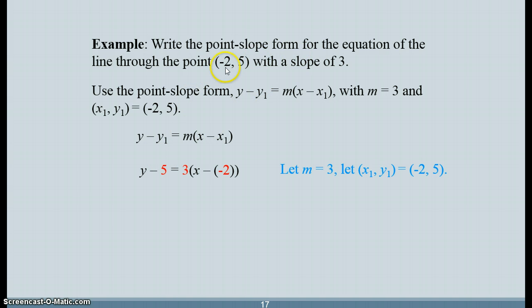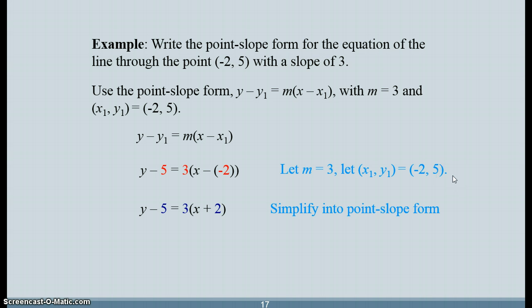So if we transfer these numbers to the equation, we will get y minus 5 equals 3, which is the slope, times x minus minus 2, which is x1. Let m be 3, the slope, and let x1, y1 be minus 2 and 5.